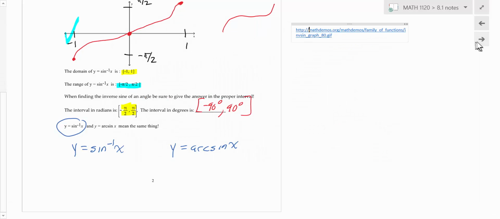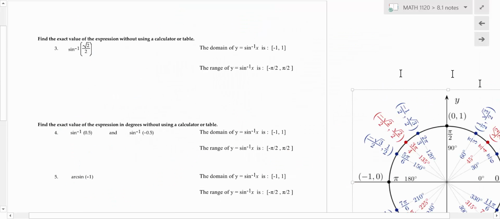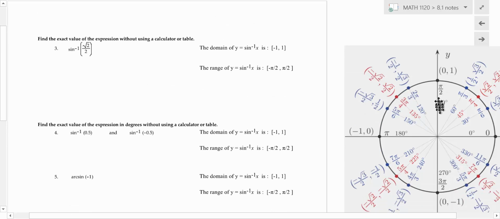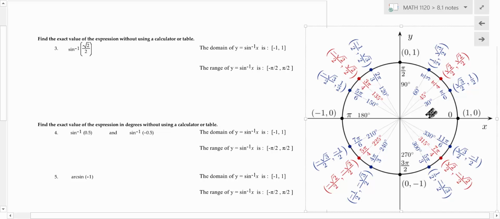Okay, so let's go to the next page. What I'm going to do on this is work with finding the inverse sine. Most of this goes back to the unit circle, so we're done with the graph. What we're doing is figuring out what the inverse sine of square root of 2 over 2 is. First of all, you might write a note if you need to: we've actually already done this when we did triangles.